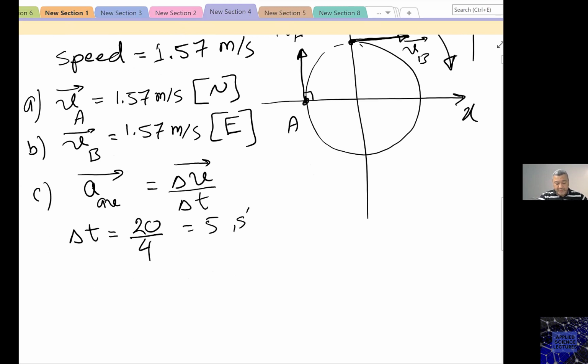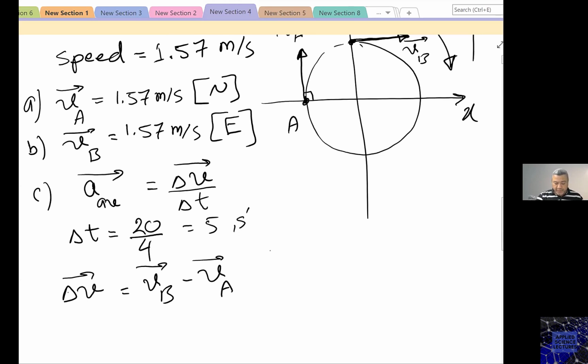Again, in order for me to find the average acceleration, I will start first with finding delta V. Now, delta V equals what? It equals the velocity of the final destination, VB, minus the velocity of the initial point, right?